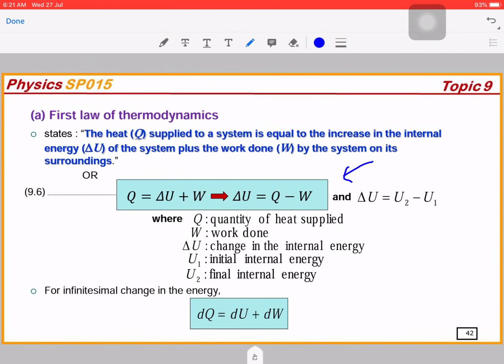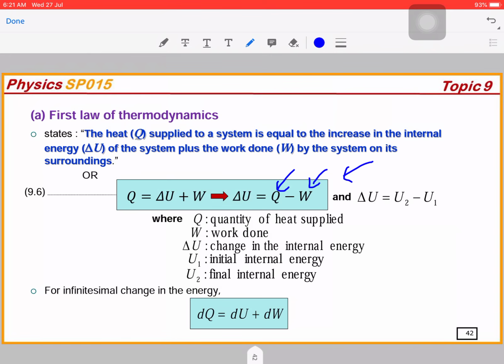If you put in the wrong sign, you will get a wrong answer. So it is important to identify whether Q and W are positive or negative. Later we will do some examples to check on that.